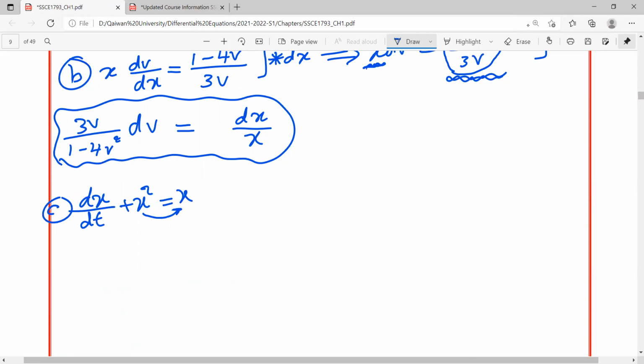Both are correct. Let's follow the one which we did before. We first multiply both sides by dt.